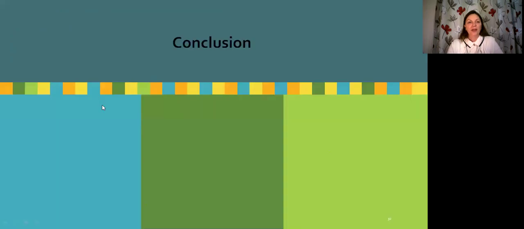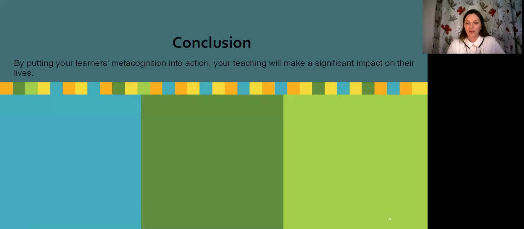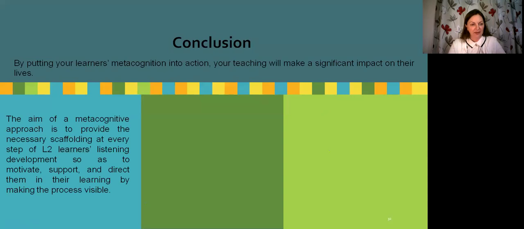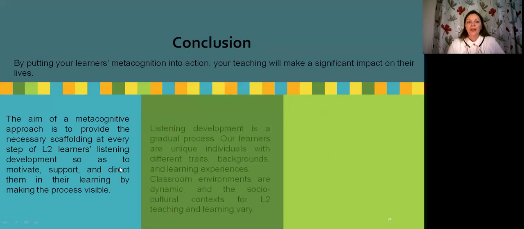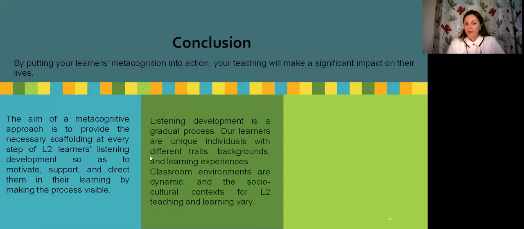Okay, and we can conclude that by activating the metacognition of our students, we can make a significant impact on their lives and their listening ability. We need to provide the scaffolding throughout their listening development. We need to motivate them and support them. And it's a gradual process.